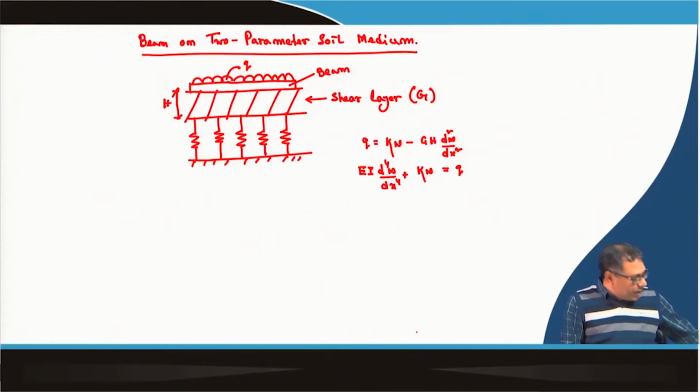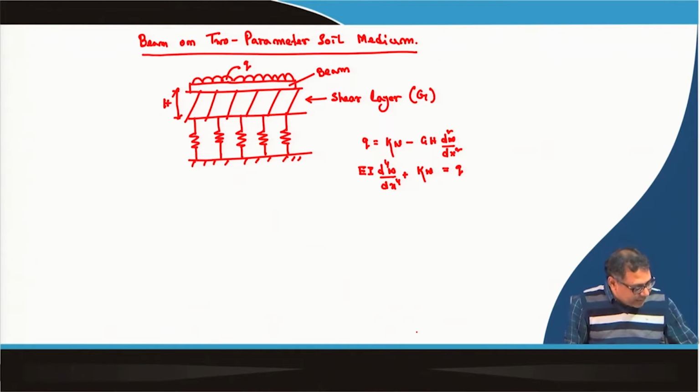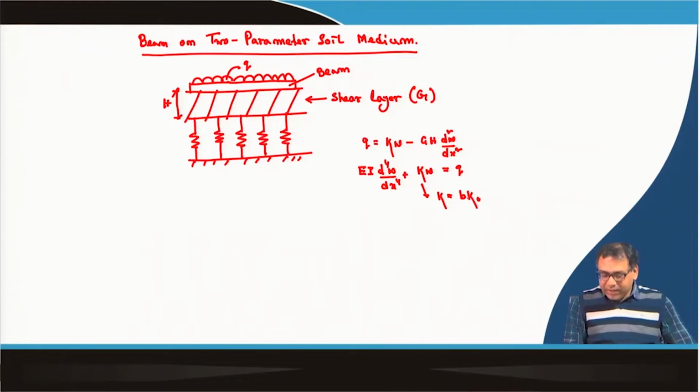Now we have to combine these equations or these conditions, and then we will get the actual equation. And here K is given by K is equal to B into K 0. So I can write that this is my beam equation and this is the two parameter model equation.